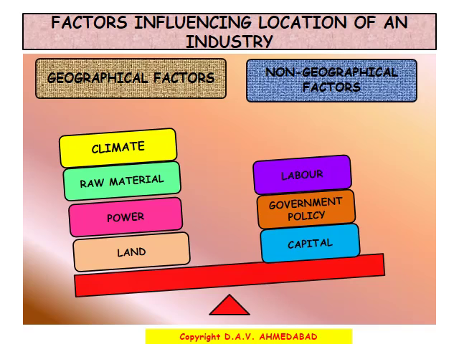Second is availability of raw materials is very important. Hydroelectricity should be easily available. Now, before laying down an industry, they have to check the land, whether the land is of good quality or not, whether it is not too expensive, depending on the budget.